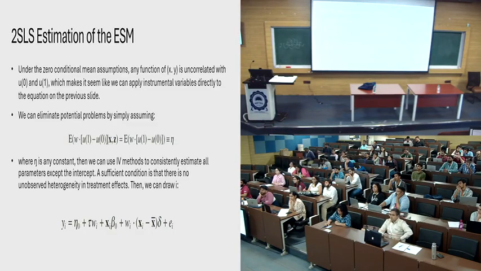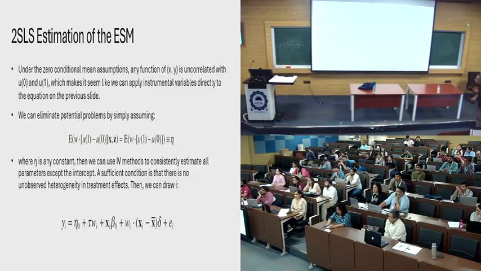I want to use something like IV to consistently estimate all the parameters except the intercept. I don't want to do it in terms of the intercept. So note a sufficient condition here is that there exists no unobserved heterogeneity in the treatment effect. So I have eta 0, tau wi, xi beta 0, wi times xi minus x bar times delta plus an error term ei.